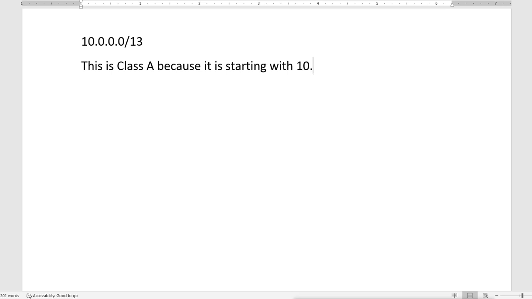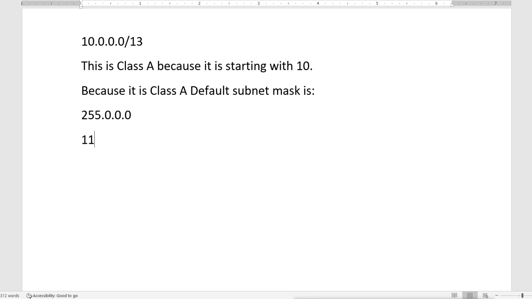That means our class range is from 0 to 127, and it is in between that, so it is class A. Because it is class A, the default subnet mask is 255.0.0.0, and that means if we convert this into binary, 1 2 3 4 5 6 7 8, only this first part is the default one and is reserved, we can't change it.